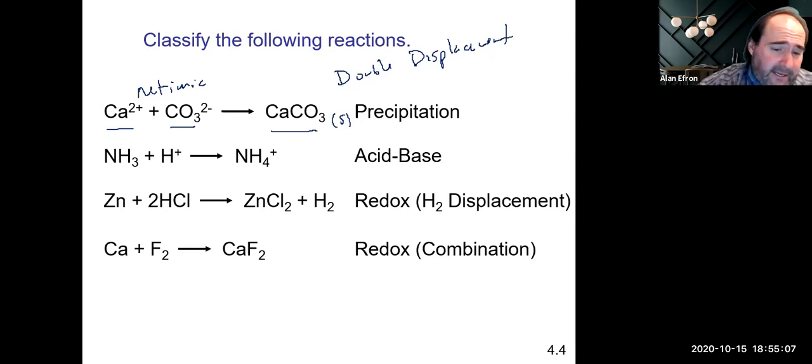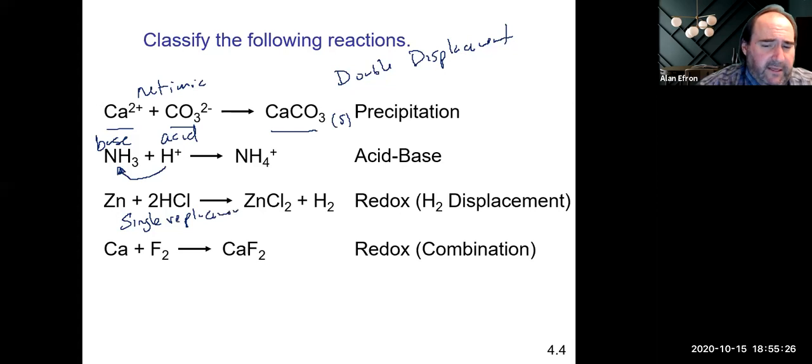This is an acid-base reaction, basically a proton being accepted here. NH3 is a base. H plus is generic for an acid. This is our single replacement reaction.